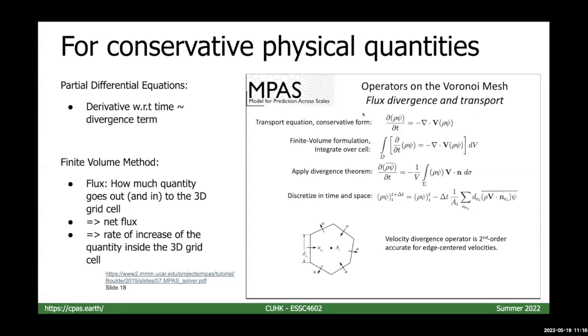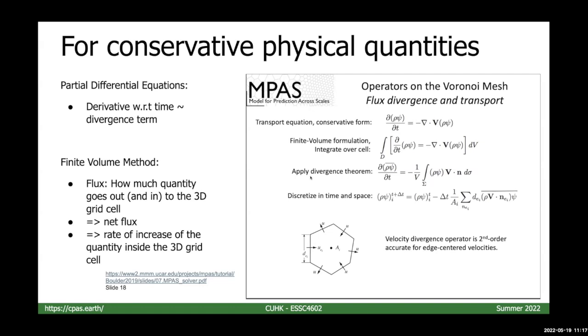Firstly, it is mentioning the transport equation in conservative form, in mathematical language. Okay, it is a partial differential equation relating the derivative with respect to time to the spatial operator. And then MPAS is using the finite volume formulation. So it says if you integrate over the cell, okay, an integration operator, something like that.